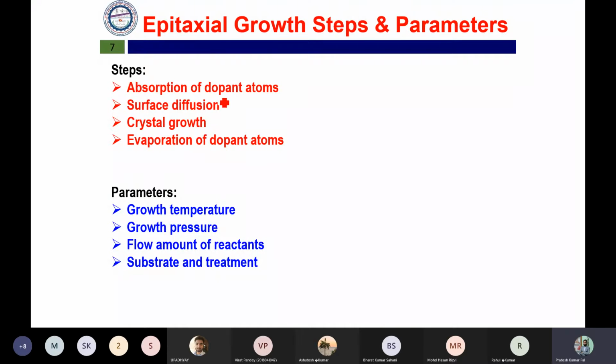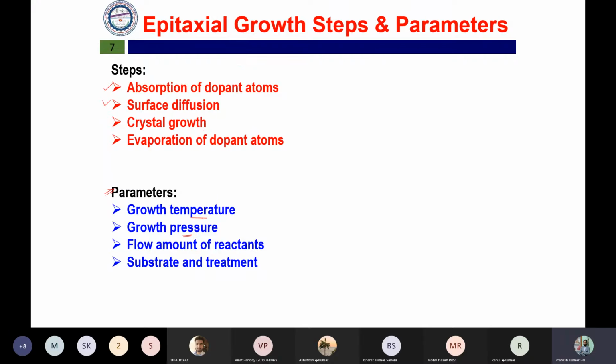And the parameters that we should keep in mind to have a better epitaxial layer growth are the temperature that we are using, the pressure effect, what is the pressure and temperature effect on the epitaxial layer growth, and the flow amount of reactant. Based on the different techniques used to deposit an epitaxial layer, we flow the dopant in the form of gas or chemical.